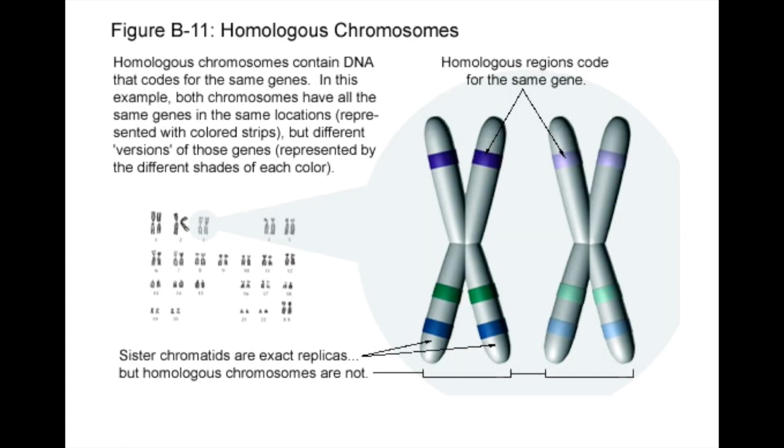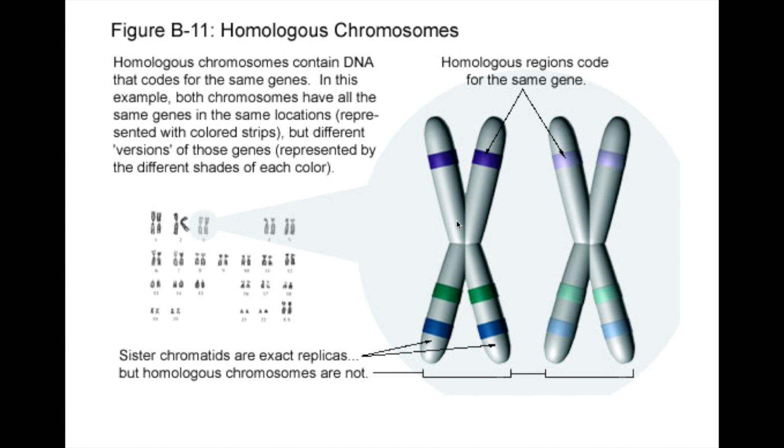I like this picture. It's something I found on the internet long ago, but it shows the idea of same genes in the same spot. So for example, this could be a gene for curly hair, and because this is the sister chromatid on the other side of it, it is also the gene for curly hair. As you can see here, the sister chromatids are exact replicas of each other.